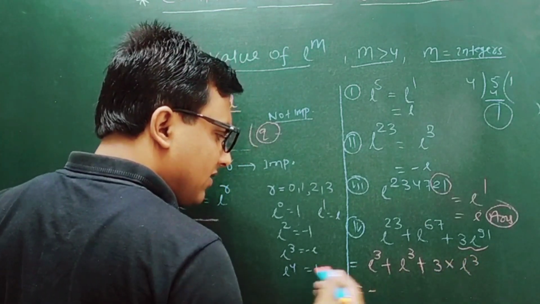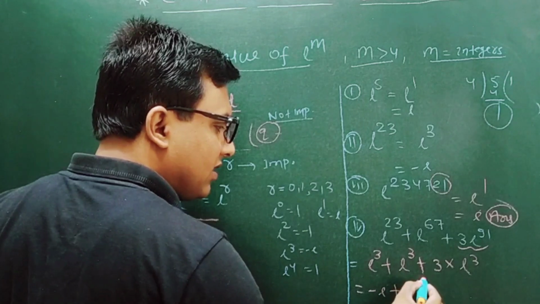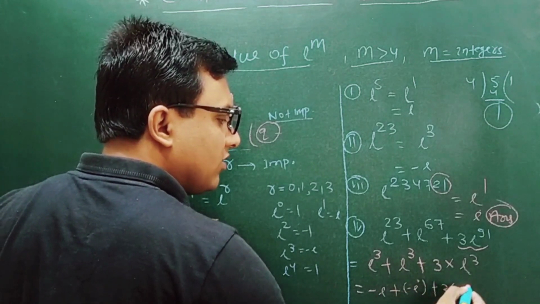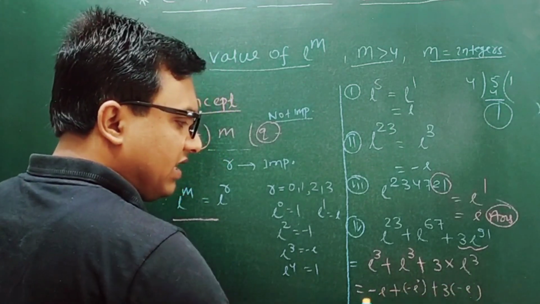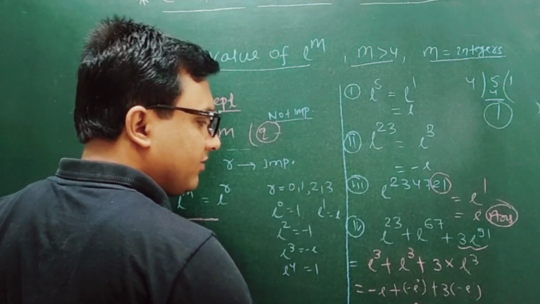So see here, minus iota plus minus iota plus 3 into minus iota, that means the total value is minus 5 iota. Minus 5 iota is your final answer.